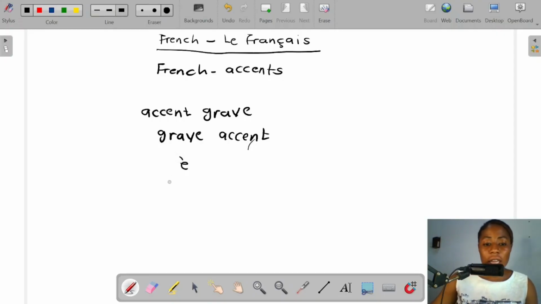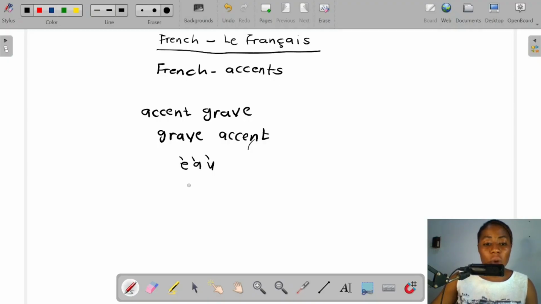It is different from the accent aigu because the slash on top of it goes to the left-hand side, while the accent aigu goes to the right-hand side. It can be written on this E. It can also be written on A. It can also be written on U. Très bien. All right, so the accent grave is not only on E.